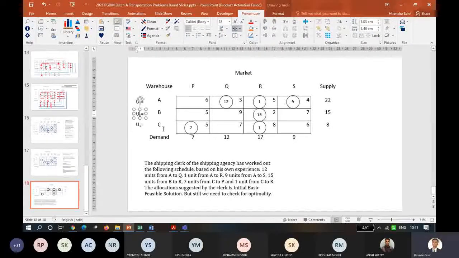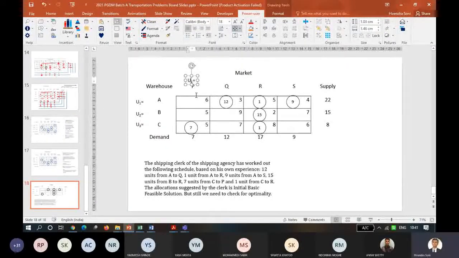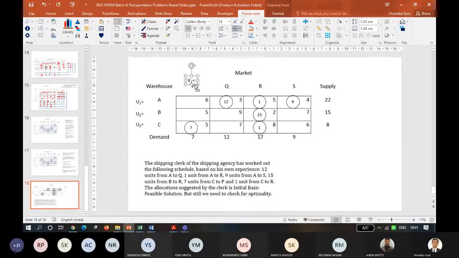Fine. So U1, U2, U3. नहीं तो जैसे हम लोग लास्ट टाइम हमने किया था और फिर अपना टाइम वेस्ट हो गया, वैसे होगा. तो V1, V2, V3, V4.